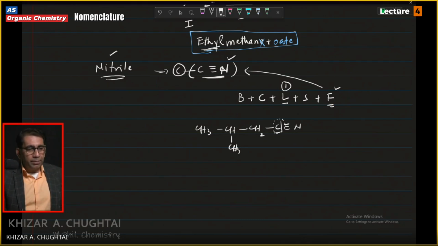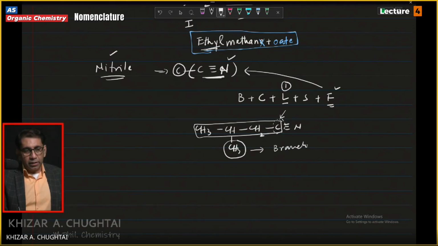So let's suppose I'm taking this longest chain of the carbon atoms, and once again remember that this carbon must be part of the longest chain, and this carbon is now acting as a branch. I mean, this group is acting as a branch. That's all about the first portion, the longest chain. Now, from where to start numbering? Numbering will start from this carbon. This carbon will always be carbon number one.